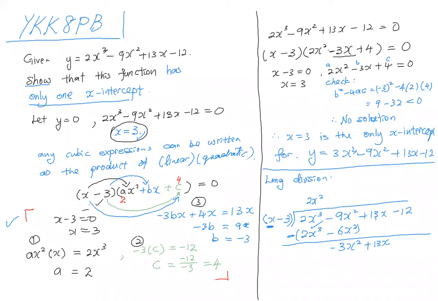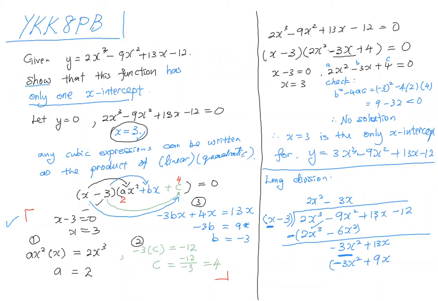So you look here. x times what will give you negative 3x squared? x times negative 3x. So x times negative 3x, I got negative 3x squared. Negative 3x times negative 3, I got plus 9x.